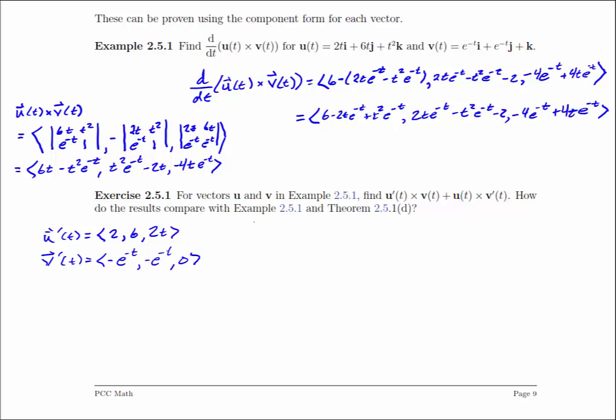If I have u prime cross v, let's write this out. We have 2, 6, 2t crossed with v of t, which is e to the negative t, e to the negative t, and 1. So with our determinants here, for the first one, we ignore the first component, so I have 6, 2t, and e to the negative t, and 1.